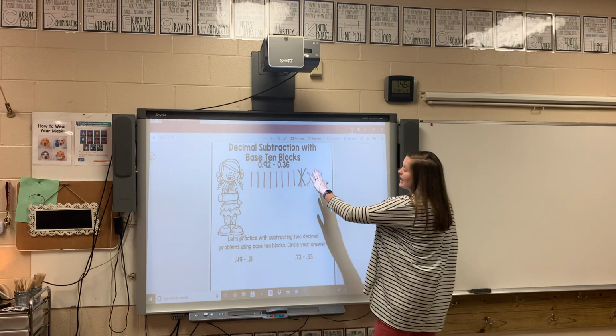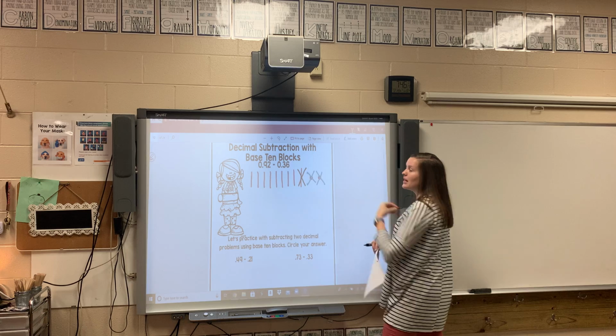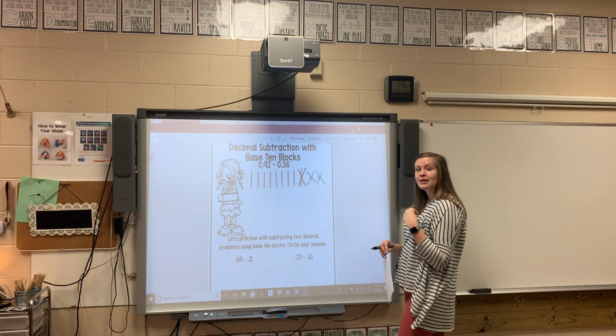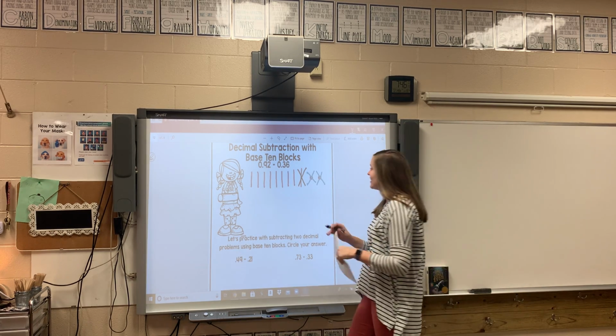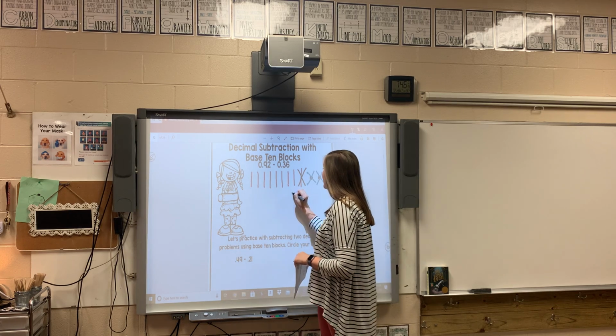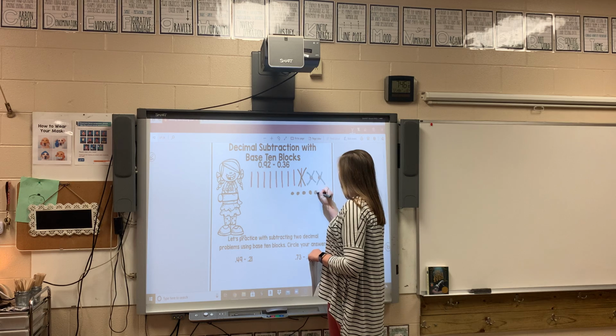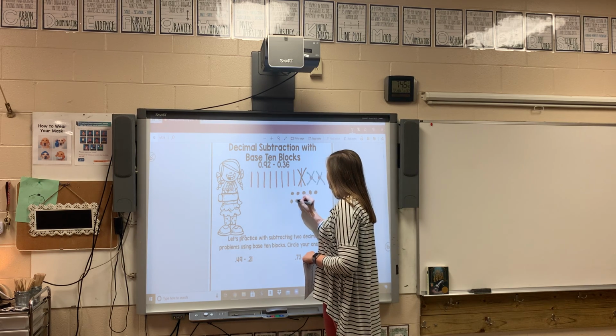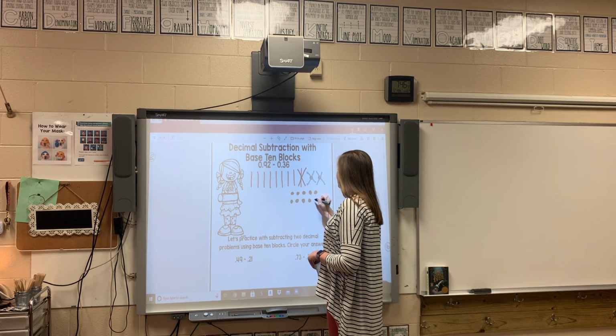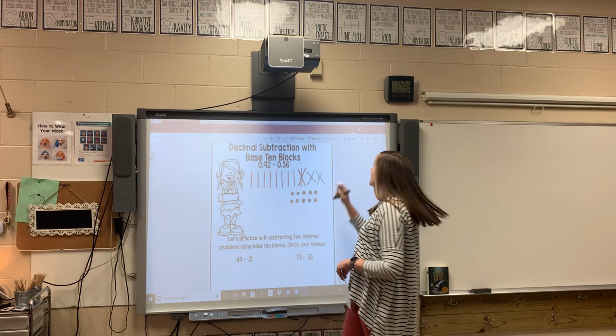When you take away from the tenths and you bring it back to the hundredths, how many am I getting? 10. That's right. So we're going to exchange that for 10 hundredths. 1, 2, 3, 4, 5, 6, 7, 8, 9, 10.